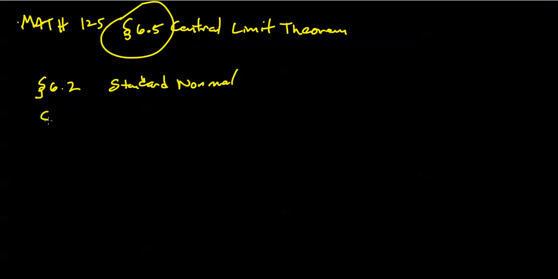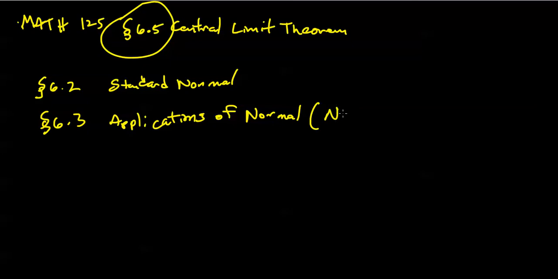And in 6.3 we talked about what the book called Applications of Normal Distribution. Again, I probably would have called this non-standard normal distributions. I think in earlier editions of the book they indeed did call it that, non-standard normal distributions.